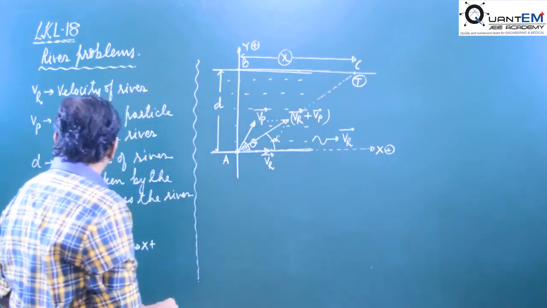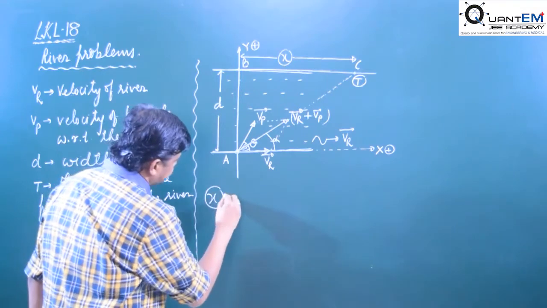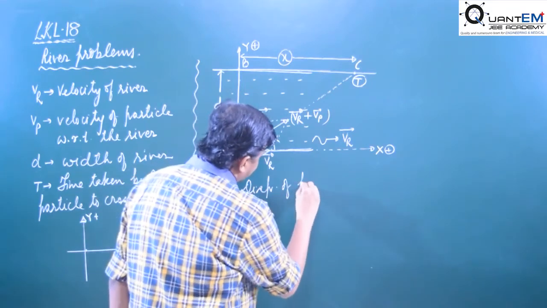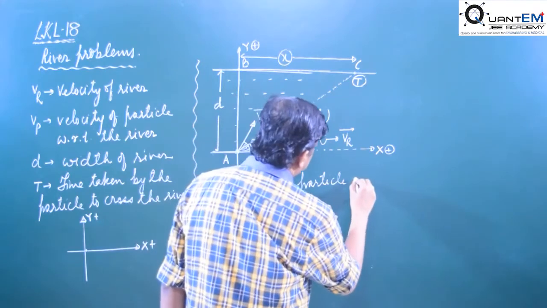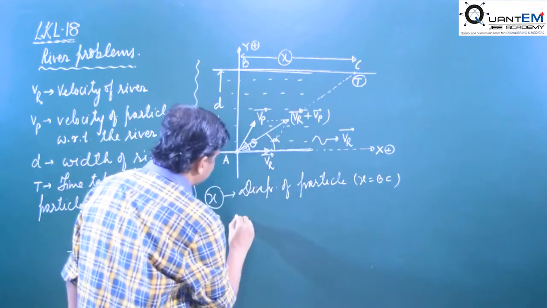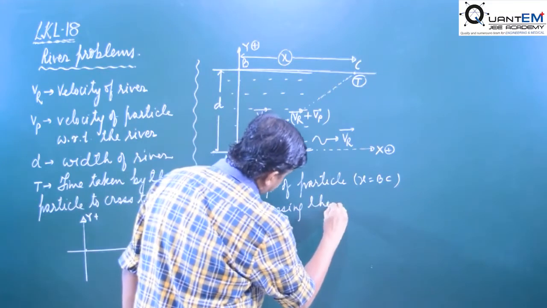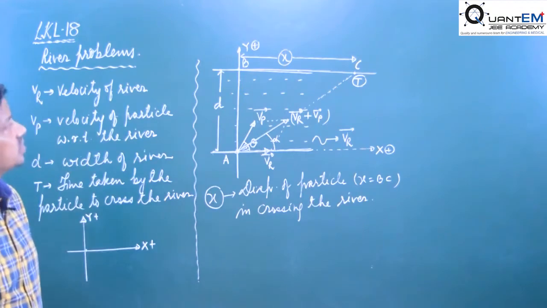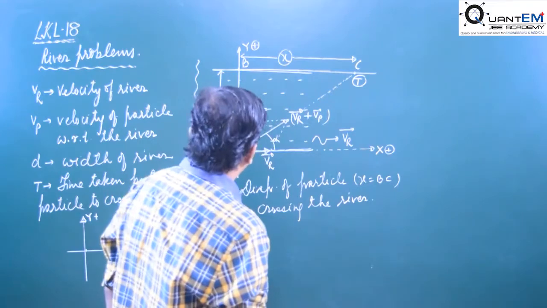T. So T is the time taken by the particle to cross the river, and x is the displacement of particle, that is x is equal to BC in crossing the river.